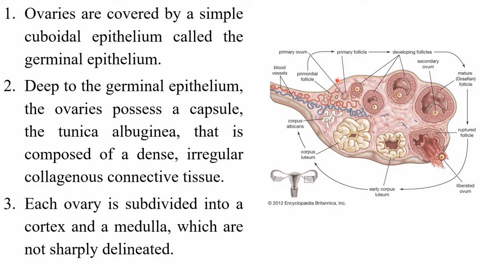Deep to the germinal epithelium, the ovaries possess a capsule called the tunica albuginea, the covering of the ovaries, composed of dense, irregular, collagenous connective tissue. Each ovary is subdivided into a cortex, this part is the cortex, and a medulla, which are not sharply delineated.